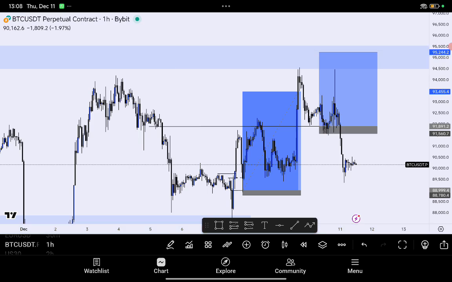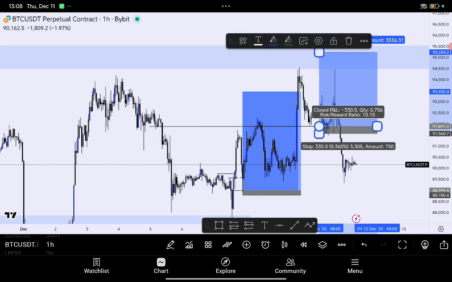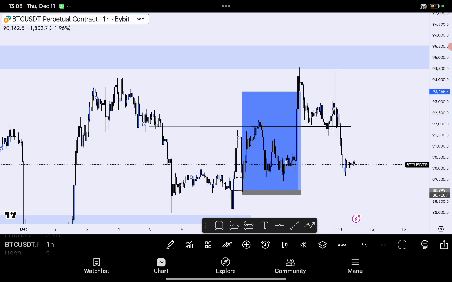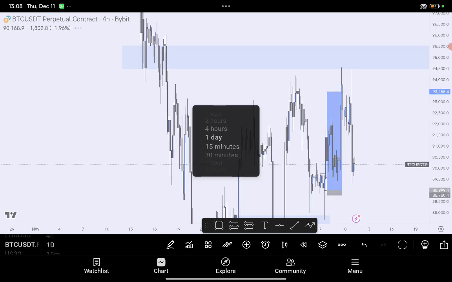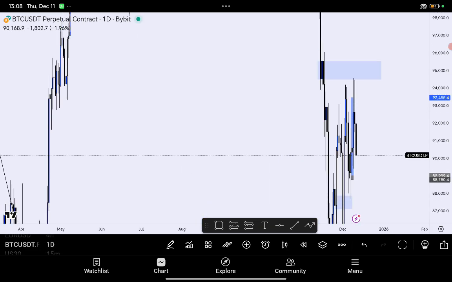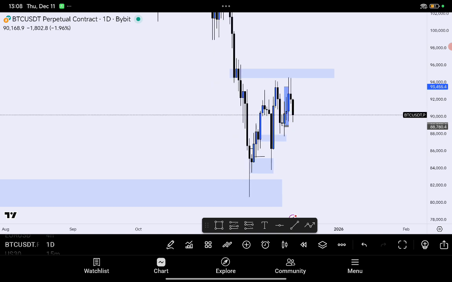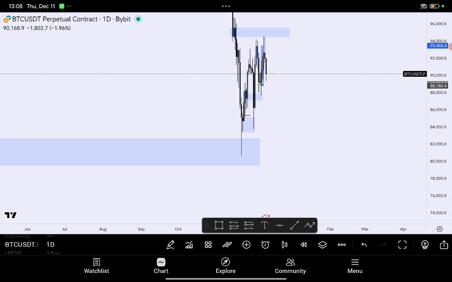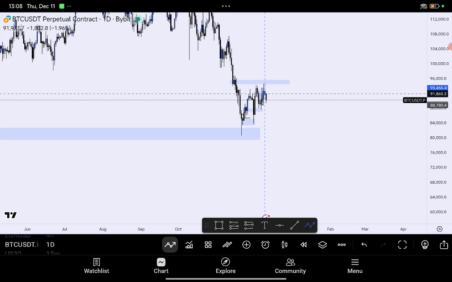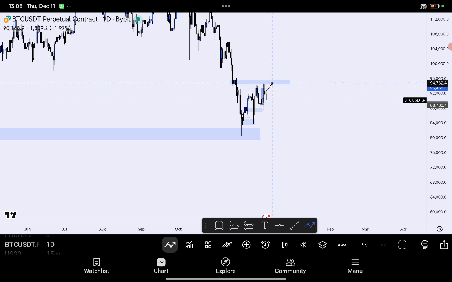What is left on BTC now is bearish movement, and BTC might decide to go bearish up to 75 or 74.